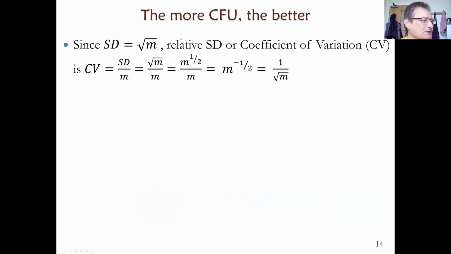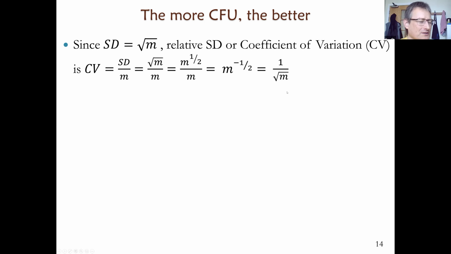This is because of the relationship that the standard deviation is equal to the square root of the mean, which means that the relative standard deviation, also known as the coefficient of variation, which is the standard deviation divided by the mean, is now the square root of m divided by m, which you can write in different ways. So 1 over the square root of m.